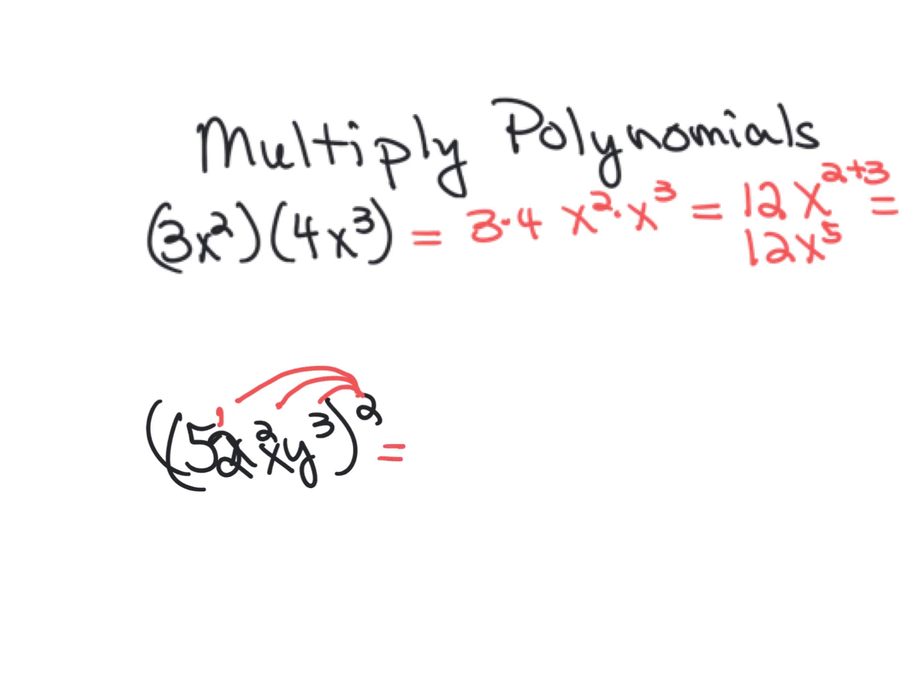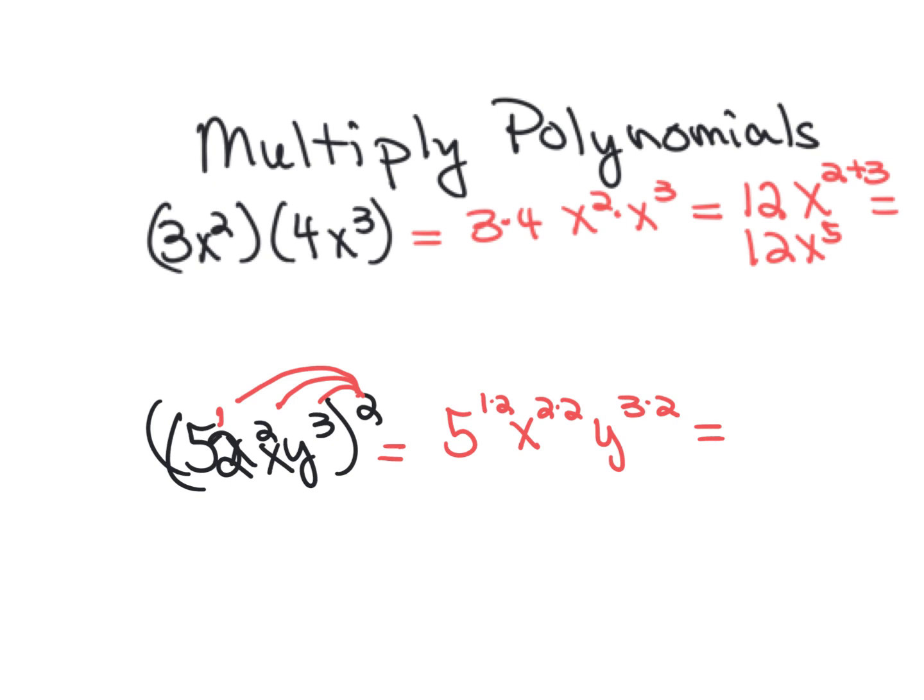So that means that I'm going to have 5 to the 1 times 2 power, x to the 2 times 2 power, and y to the 3 times 2 power.